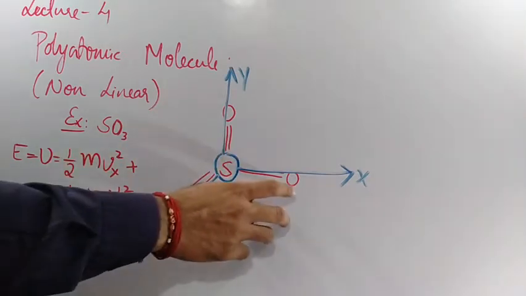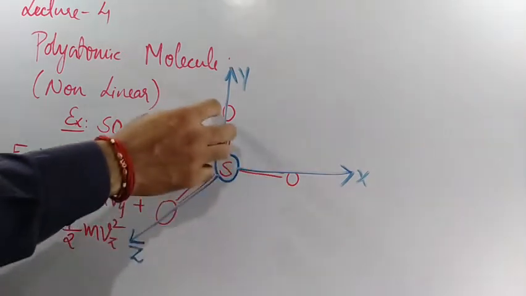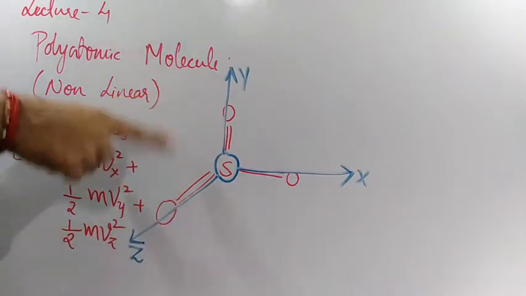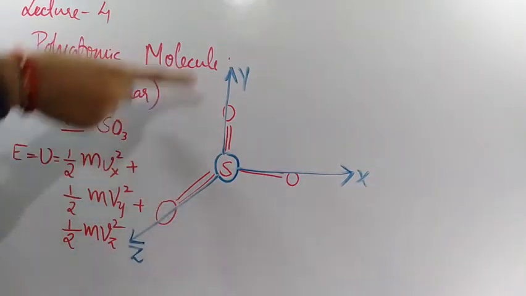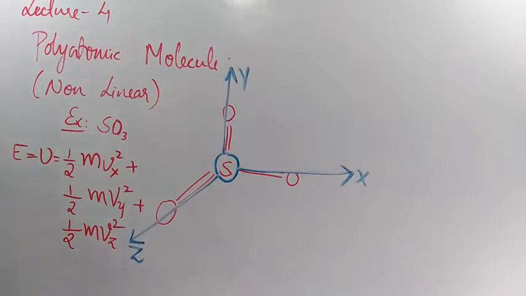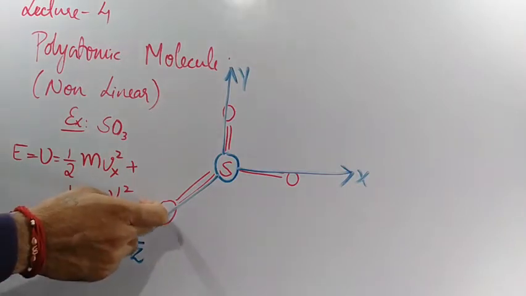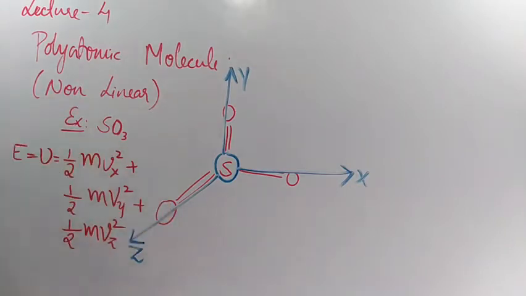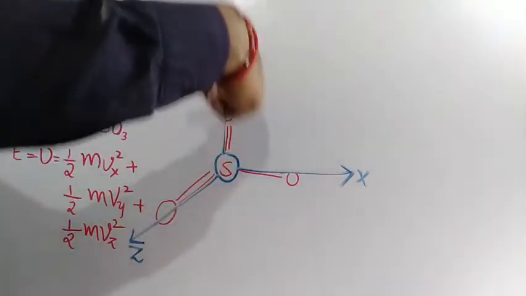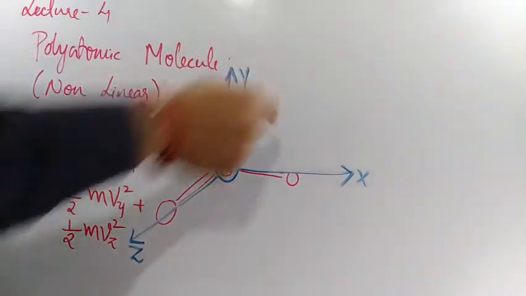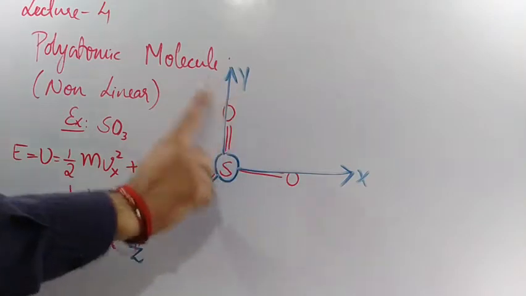By keeping reference of this atom, these two atoms will change like this. And next, with reference to this one, by fixing this atom, these may rotate like this. Clear? Are you visualizing this part?